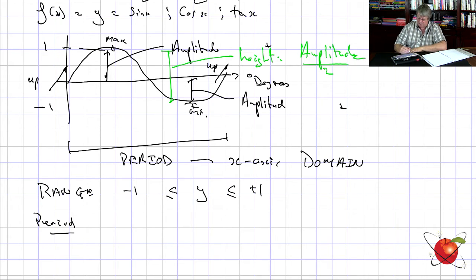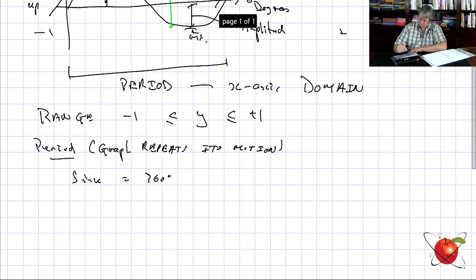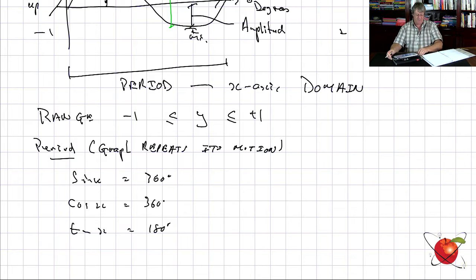That is the period, when the graph repeats its motion. For sine x, it's 360 degrees. For cos x, it was 360 degrees. For tan x, it was 180 degrees.